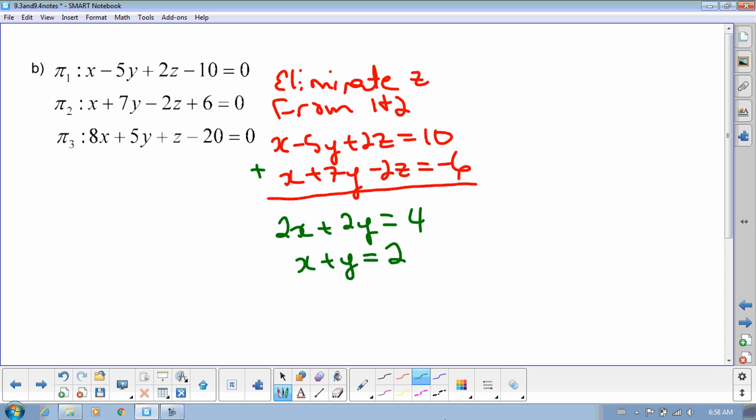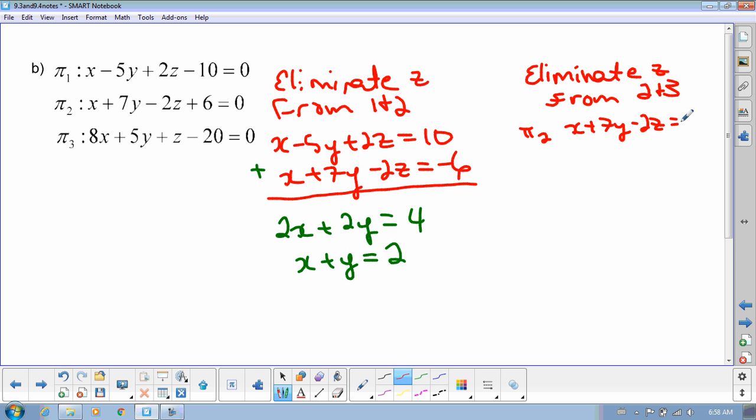Now, same process, so I'm going to eliminate z from, let's do 2 and 3. So 2 is fine. So I have x plus 7y minus 2z equals negative 6. But I'm going to multiply 3 by 2.